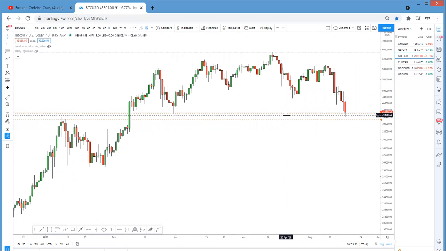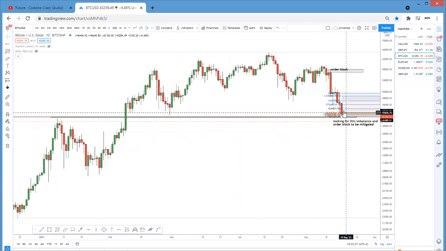So today was the day that price came and actually traded below, right at 42,100 dollars. So I'm gonna put the marker back on.